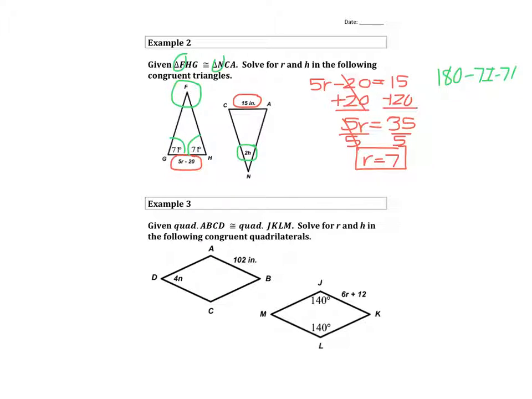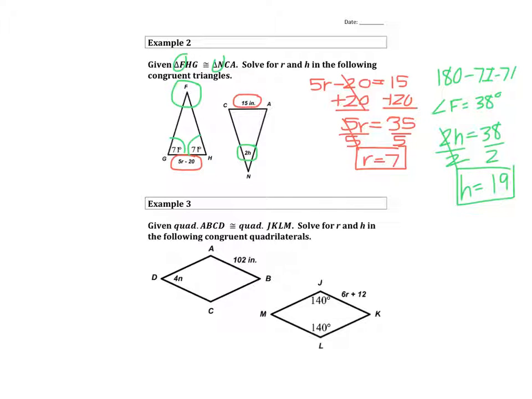So that means angle F is 38 degrees, which helps us because 2H is also equal to angle F, 38. So then we divide by 2. 38 divided by 2, which is 19.